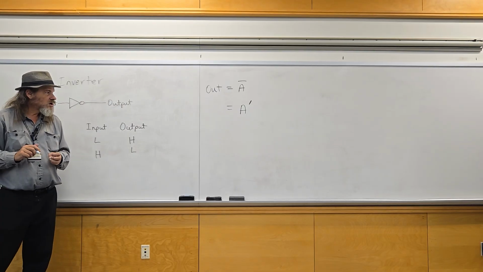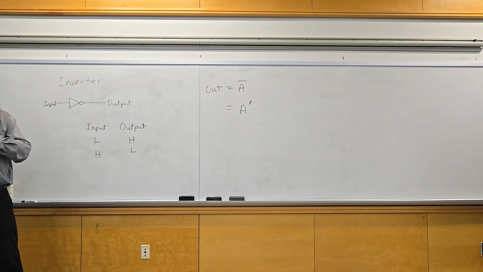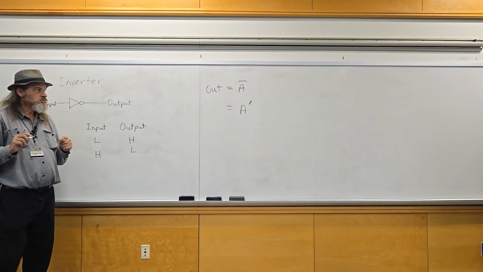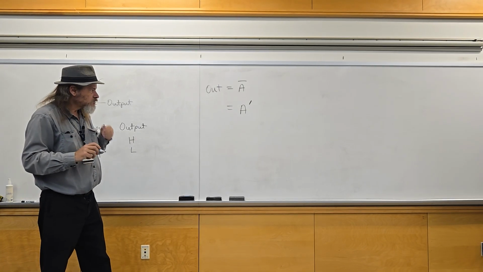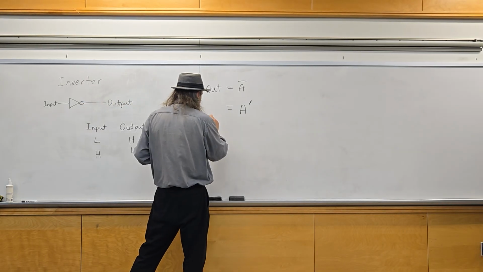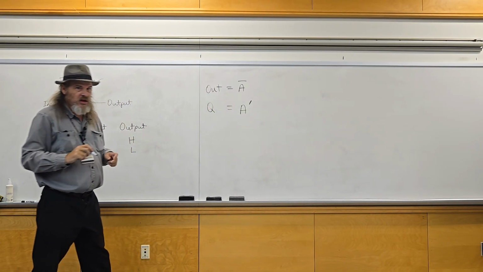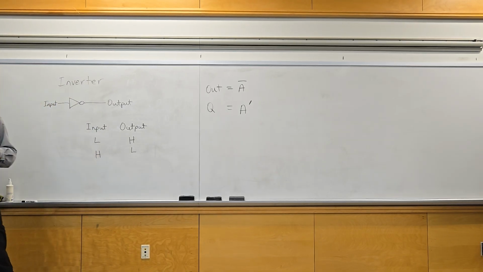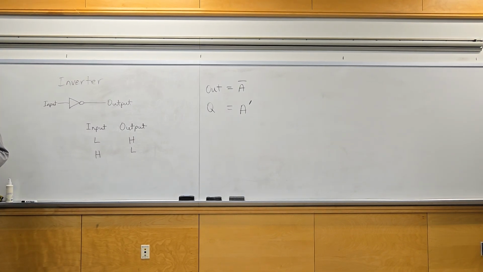And also, what you'll also see in some data sheets, to save typing, is out being represented by a Q, not an O, because that could be confused with a 0 in binary. So they use Q to represent the output on some data sheets and other documentation.